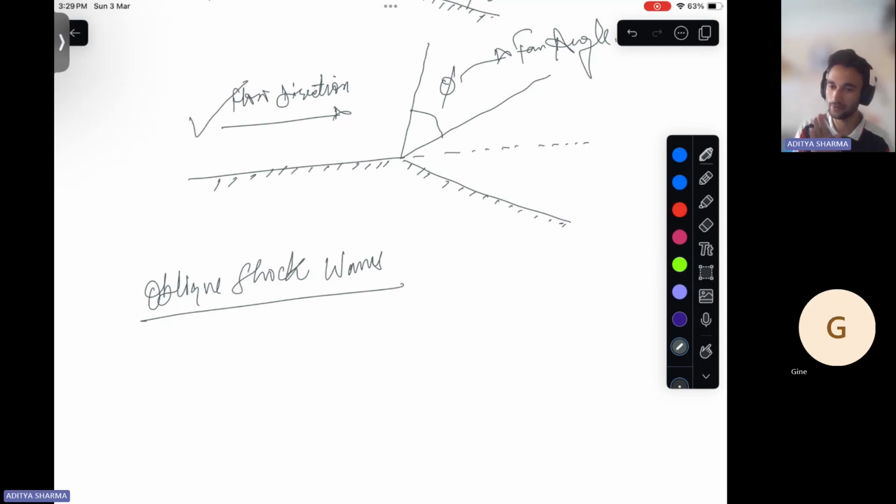We moved the flow away from itself. So suppose this is the flow direction, we move the whole flow away from itself.